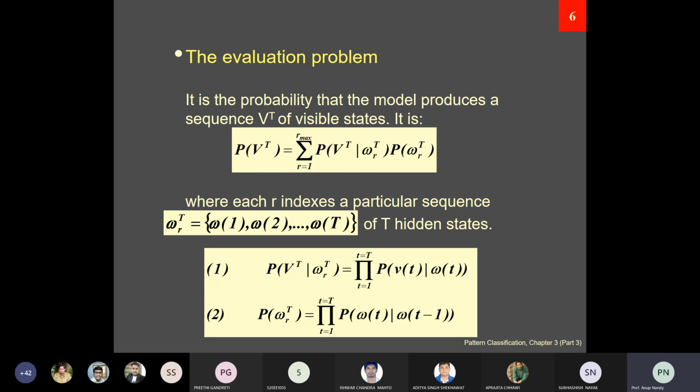If you have sequences of hidden states, you take one of them, denoted by r. That's why it is P(WrT). So we just use the conditional probability: P(VT given WrT) times P(WrT).